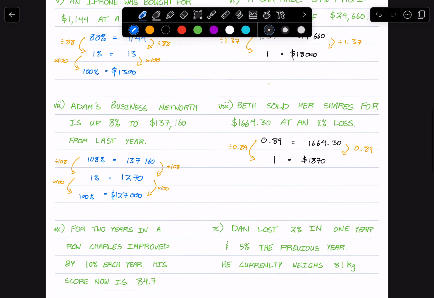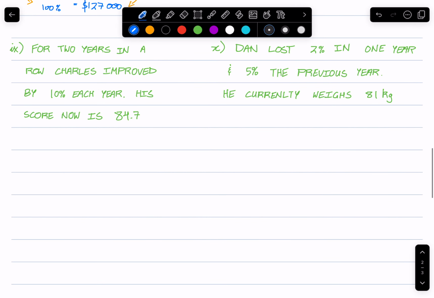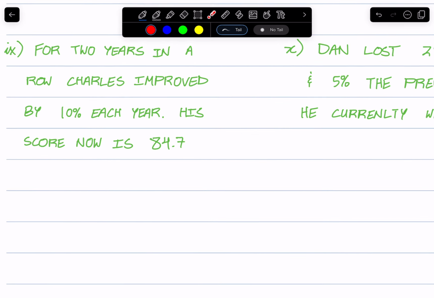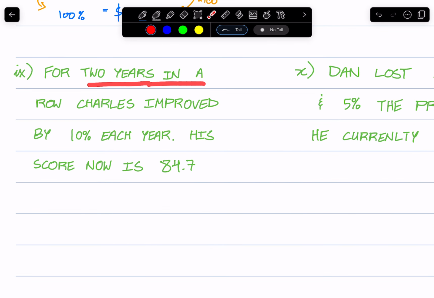In these last sets of examples, it's the exact same thing, but it's just an extra layer that I'm showing you, that it's 2 consecutive years. So on top of this, we have to do consecutive percentage changes. So here we go. For 2 years in a row, Charles improved by 10% each year.